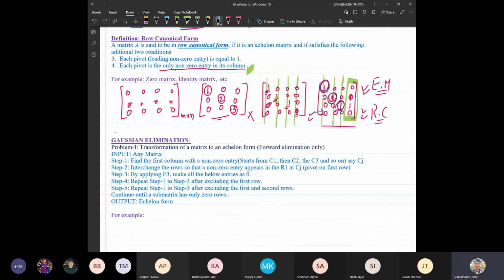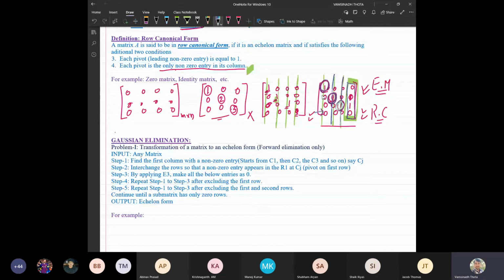And in the second column, there is a pivot entry. The second entry is 1, that is a pivot element, and the remaining elements are 0. Similarly, in this column also there is a pivot element, that is also 1, and the remaining are 0. Now in this column there is no pivot entry, and hence you need not check the fourth condition.